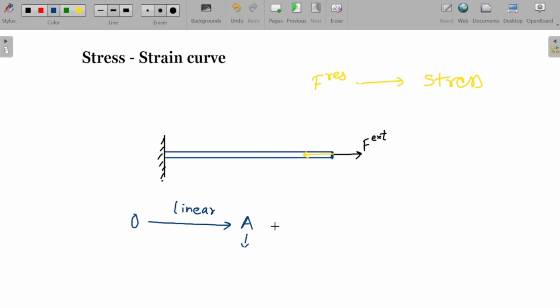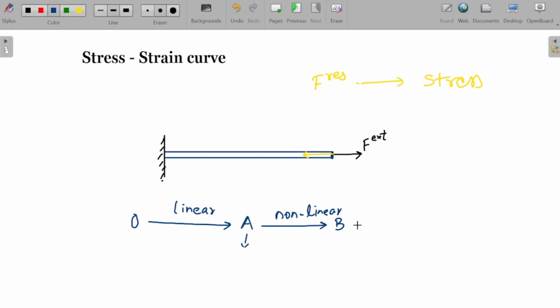Now beyond this, up to a certain point B, the relation is non-linear, meaning stress is no longer directly proportional to strain. Up to here it is directly proportional, but if we apply further increasing external force, that results in increasing stress, but now the relation of stress and strain is non-linear. So from here this material is not obeying Hooke's law.